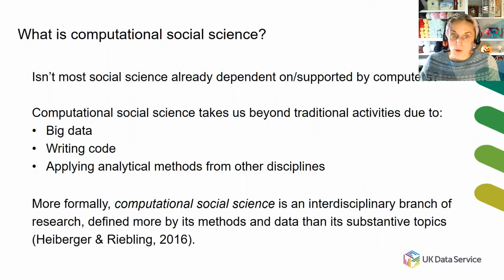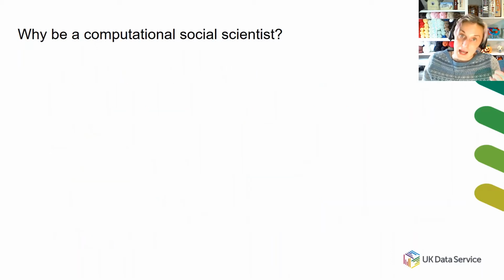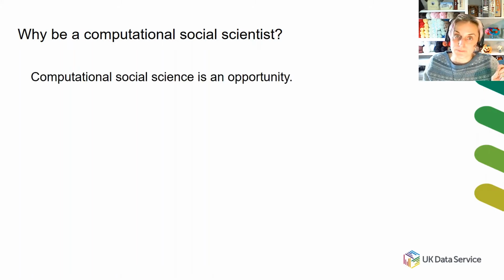For example, we might look at how social networks can be mapped by talking to people and asking them who's in their network and who they speak to most, or they can be mapped by scraping large amounts of data off of a social networking site and building graphs that show how much these people interact on that website. Those are both valid methods. They both will come up with different answers. Computational social science has advantages in certain ways. And we'll explain what those advantages are because we think you should become a computational social scientist.